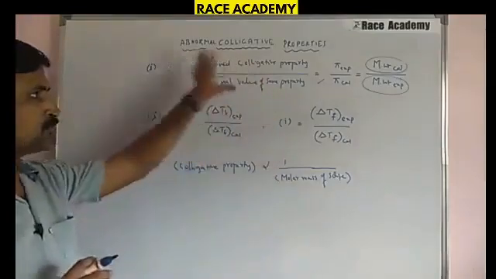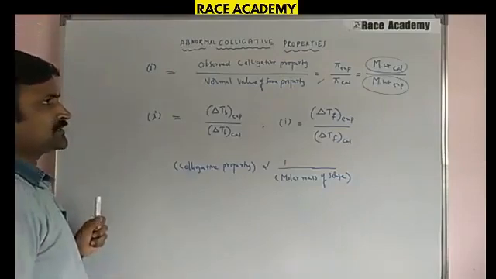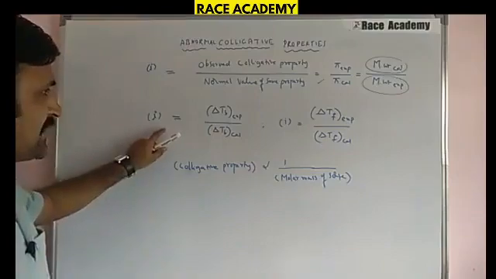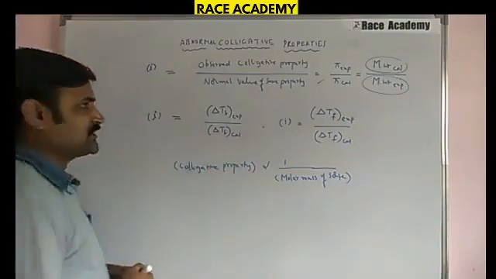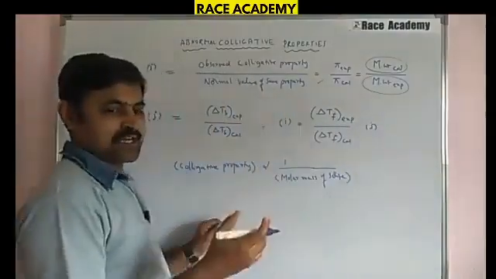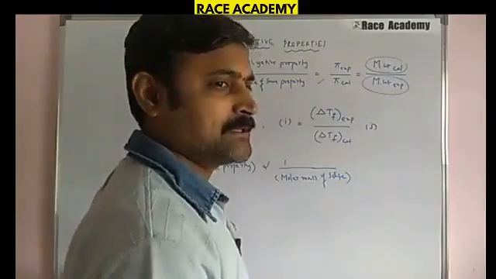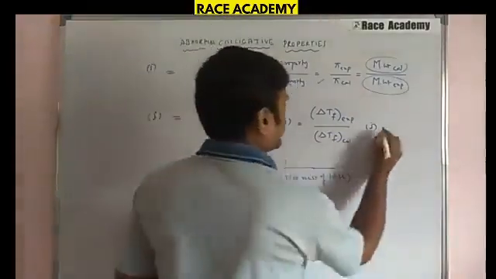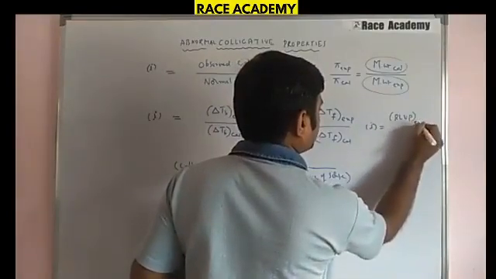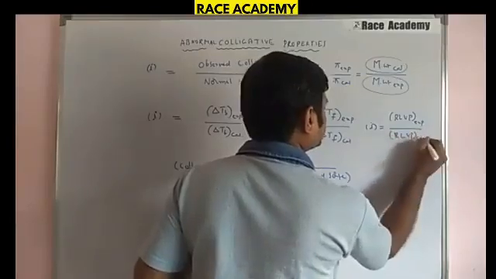Up to here we have discussed the last topic. Now we are going to introduce this into the colligative properties. Once you take all the experiments into consideration, even the RLVP, what is RLVP? That is P naught A minus PA by P naught A. So that is RLVP experimental value divided by RLVP calculated.